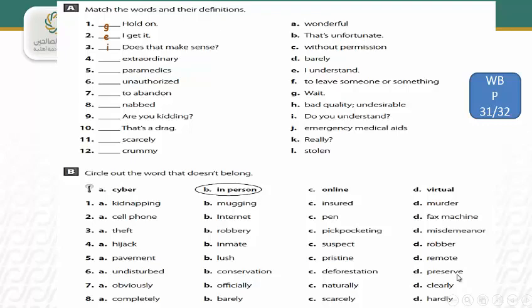Hold on means wait. I get it means I understand. Extraordinary is wonderful here. Paramedics, J, is emergency medical aids. Unauthorized, not having the permission. Abandon means leave or quit.